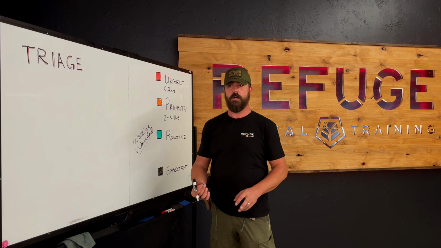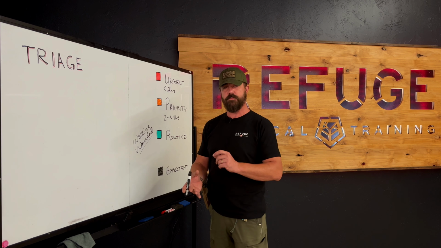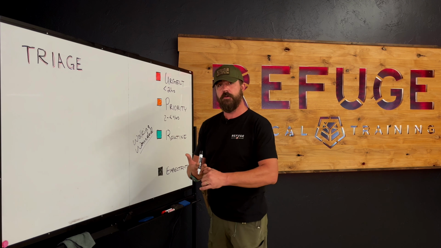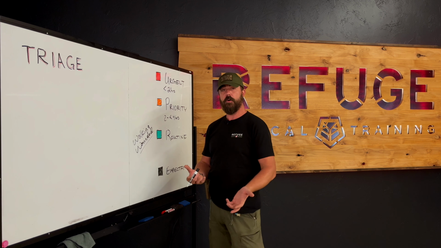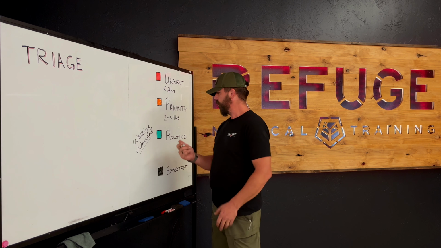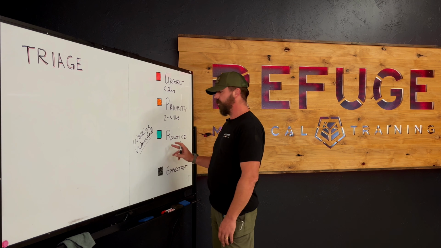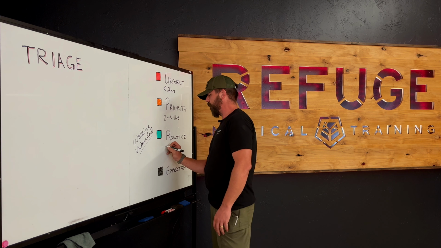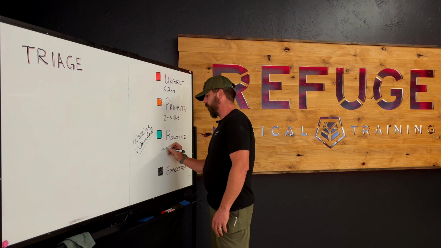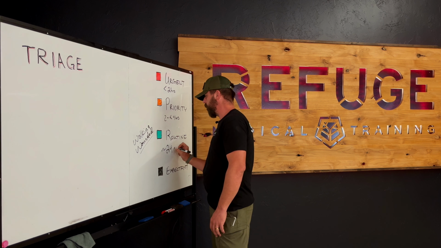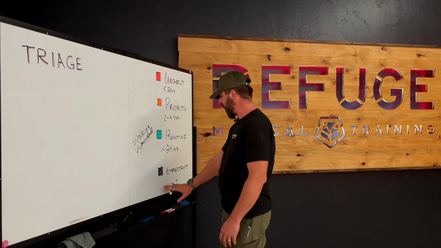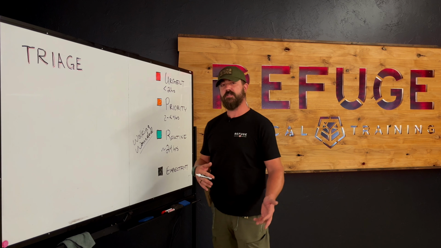Small burns, maybe some lacerations, maybe broken smaller bones, maybe like a finger or a smaller bone break that's not as critical. These are your routine triage patients, and they have typically around 24 hours to get to that higher level of care, okay?